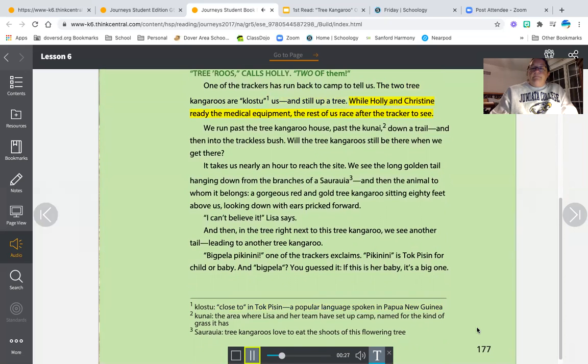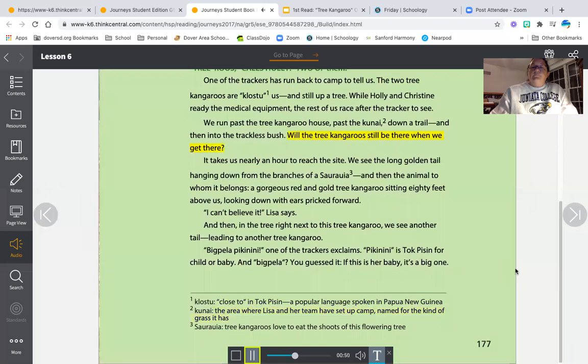While Holly and Christine ready the medical equipment, the rest of us race after the tracker to see. We run past the tree kangaroo house, past the kunai, the area where Lisa and her team have set up camp, named for the kind of grass it has. Down a trail, and then into the trackless bush.